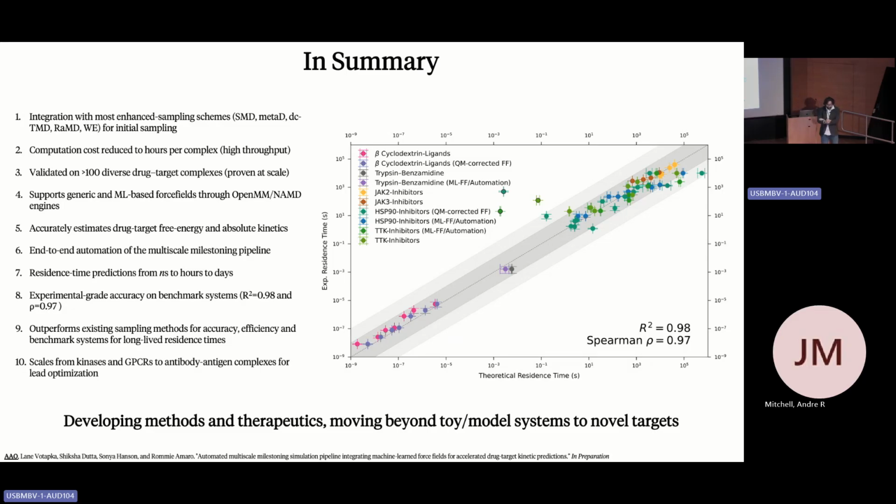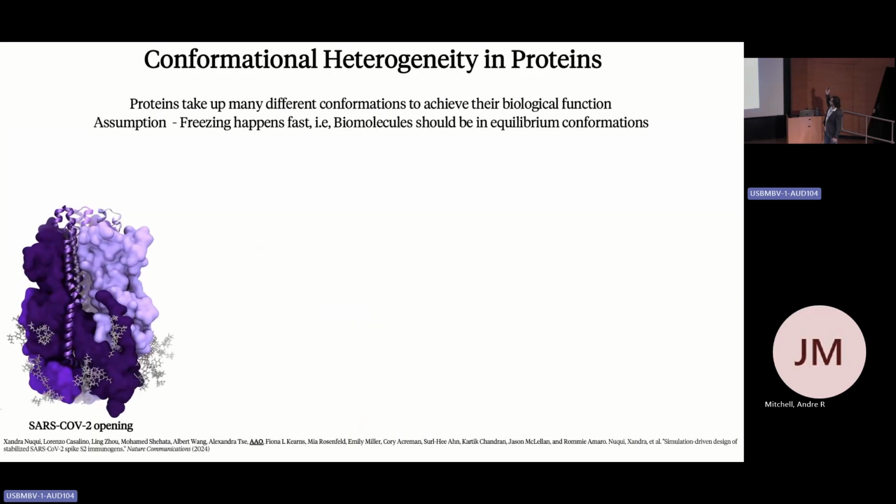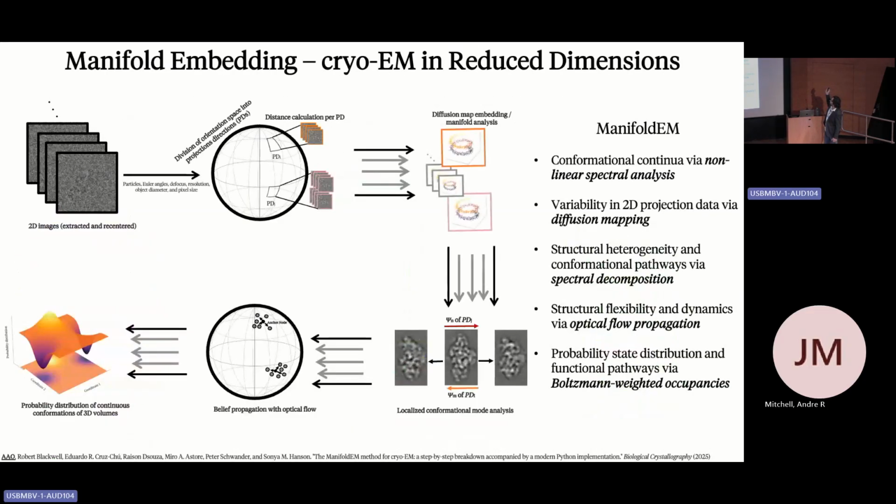I'm sorry, I don't have time, but I wanted to talk about the recovering of free energy with cryo-electron microscopy, my work at the Flatiron Institute. But essentially, let me skip all this, we have developed a method in which we extract the free energy directly from the cryo-EM 2D images. We do not use reconstruction methods, although we go through all the machine learning processes to get the free energy profile.